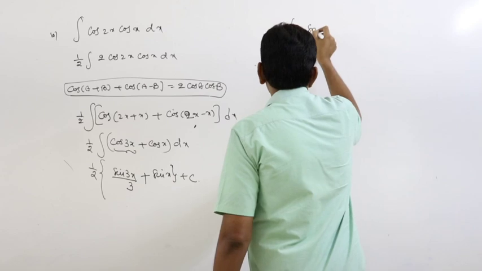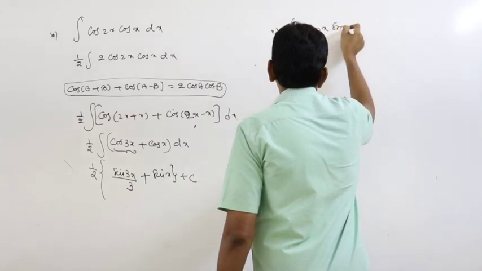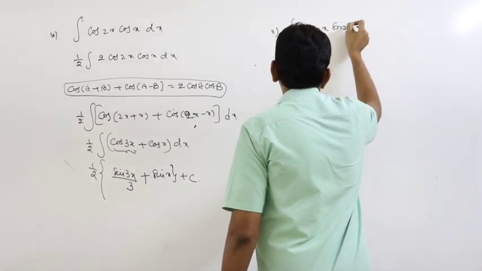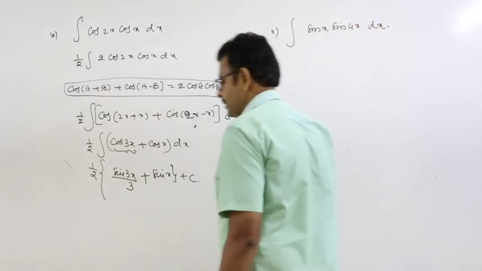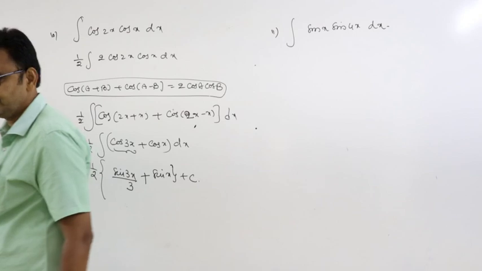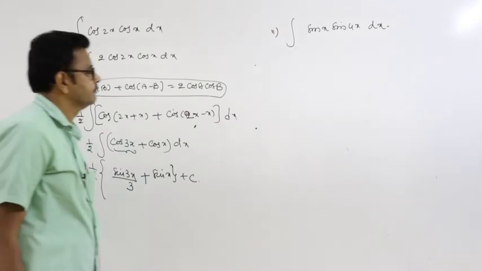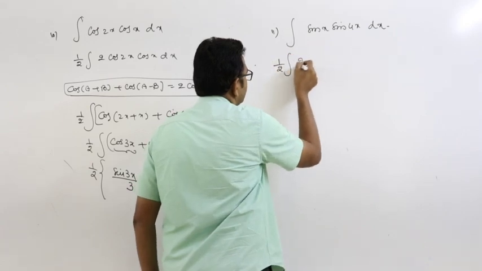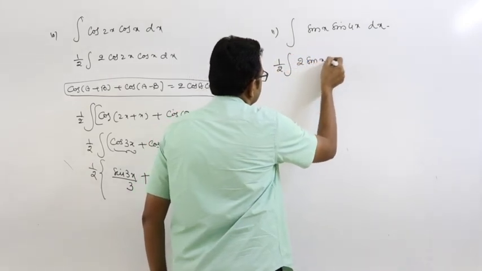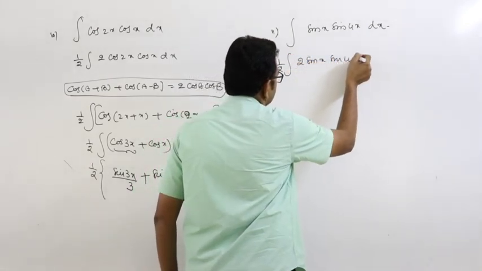Integral sin x into sin 5x, sin 4x dx. For this also, multiplying and dividing by 2.